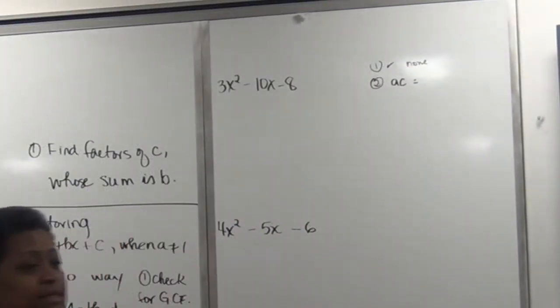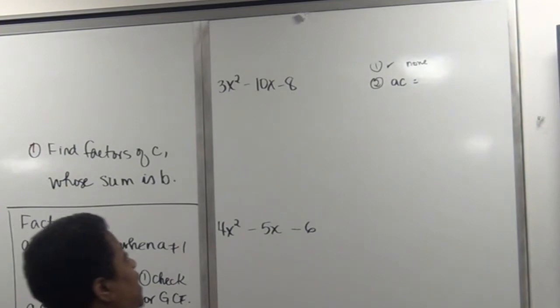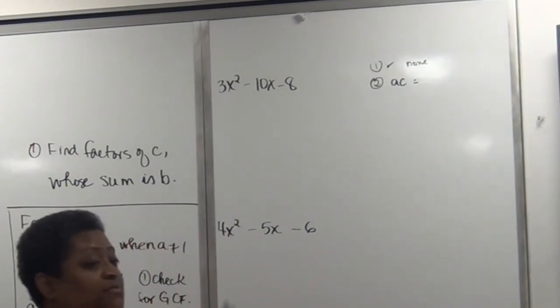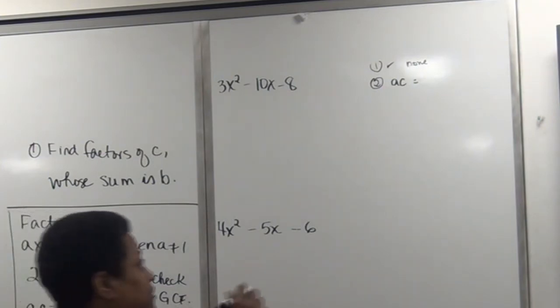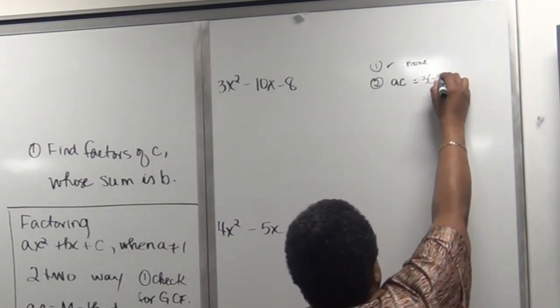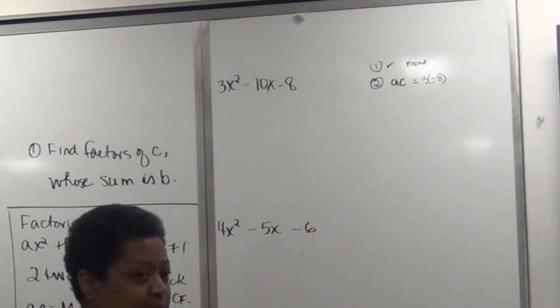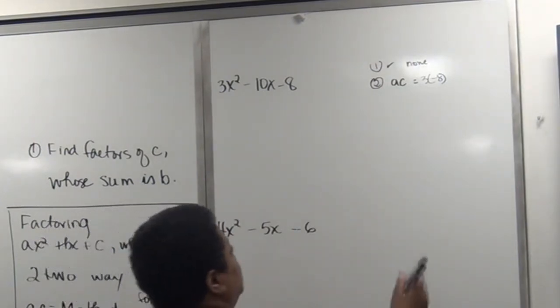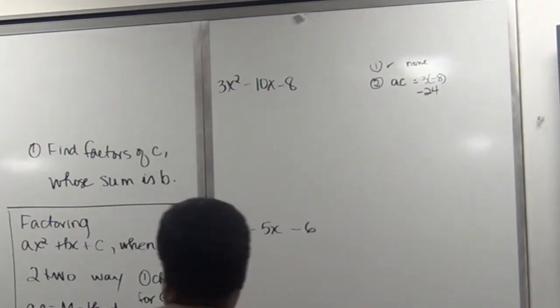What's A and what is C? A is a number, C is a number. So what is A? 3, not 3x, because x is not a number. And what is C? Negative 8. So what does 3 times negative 8 equal? Negative 24.